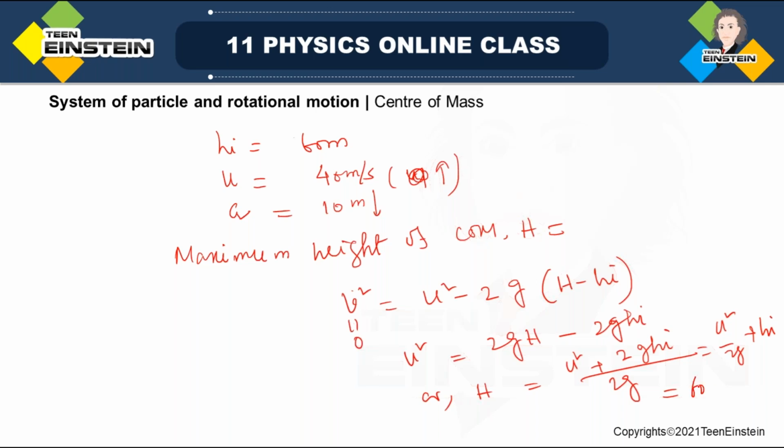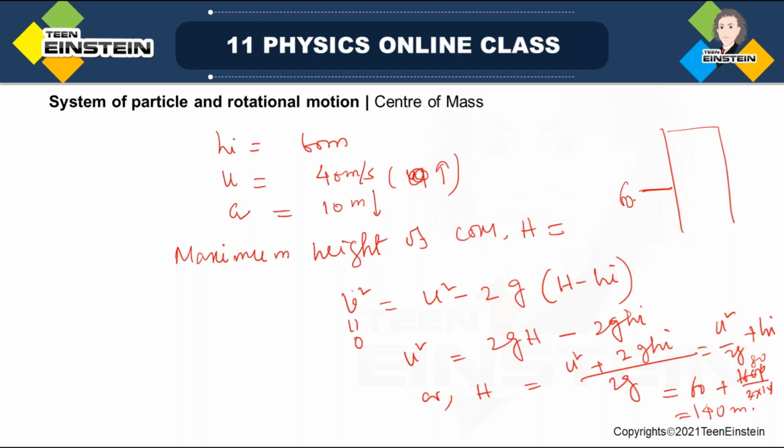Okay, initial height we had 60 meter, and this is actually 40. 1600 by 2 into 10, so this 10 goes, this is 80, so it will be 140 meter.